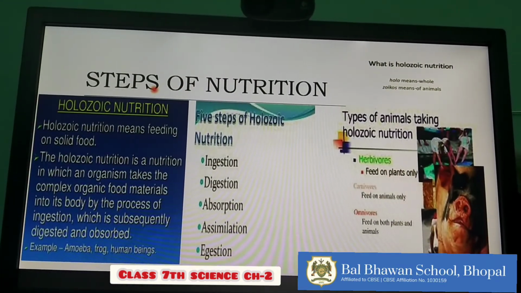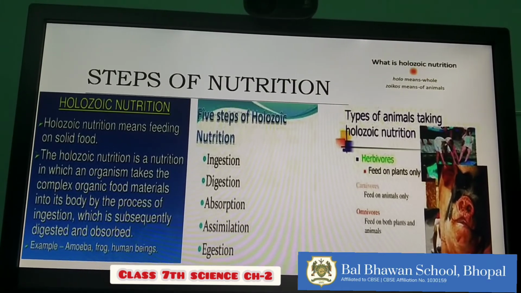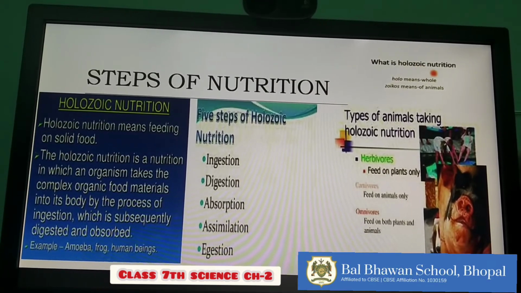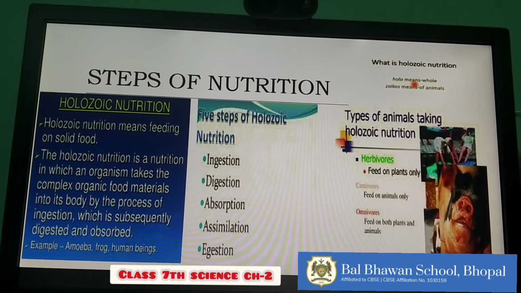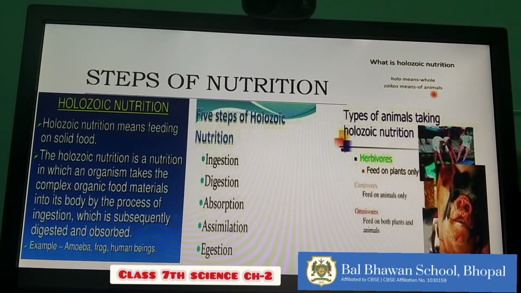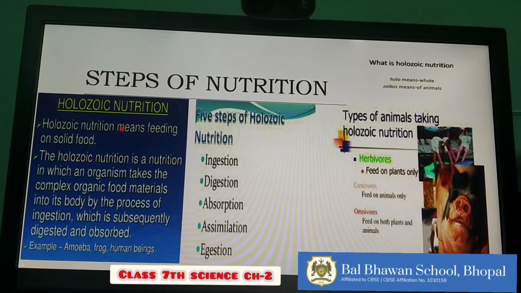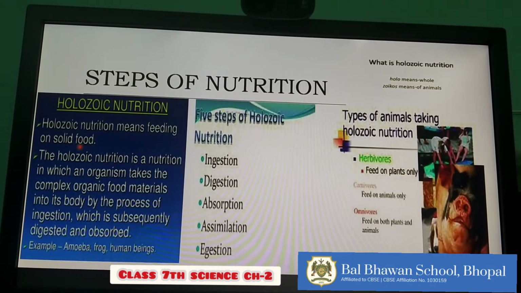Now, let us discuss the steps of nutrition. First, let us discuss what is Holozoic nutrition. Holo means whole, zoic means animals. So, Holozoic nutrition means feeding on solid food.